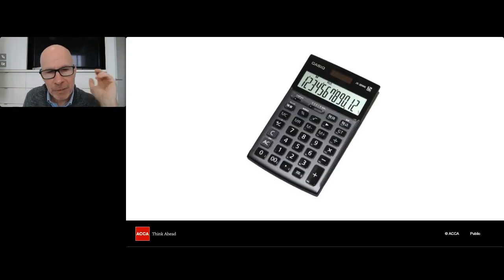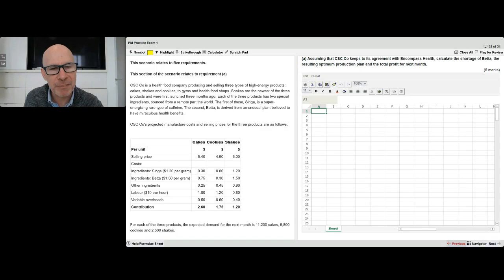Team, you're also going to see a spreadsheet in section C. Very important, you practice in the practice platform, not on scratch paper at home, not with your calculator. At this point, you should be in the practice platform. Even if you are working with a Kaplan or a BPP exam kit, you can use the blank constructed response workspace, okay?